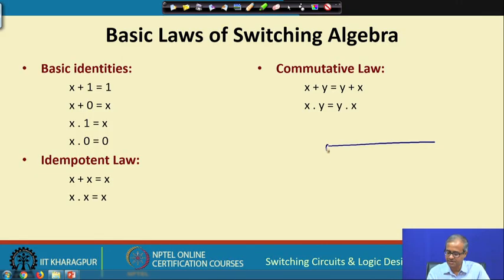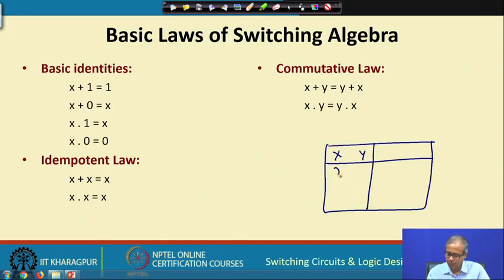Here again you can very easily prove it by the method of perfect induction. You can have x and y as the inputs, there will be 4 input combinations. You can compute x plus y and you can compute y plus x.